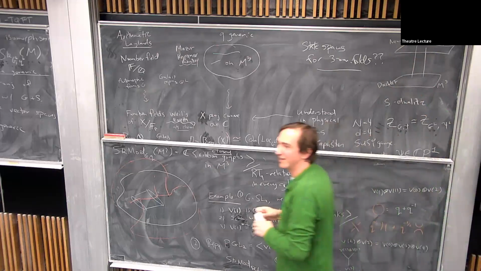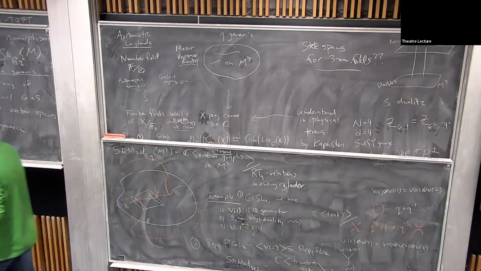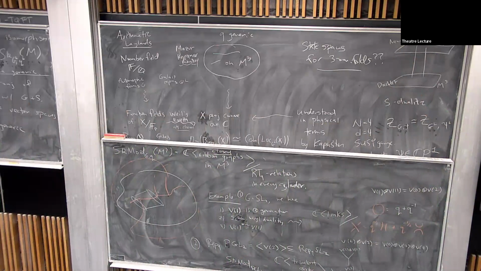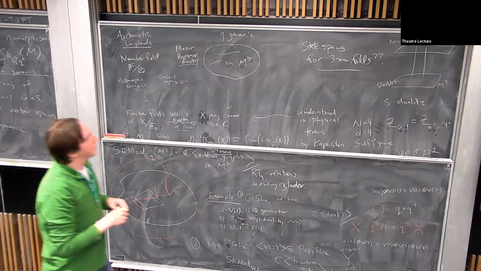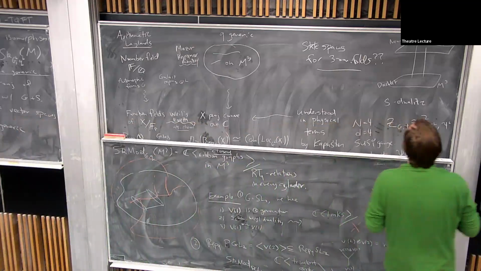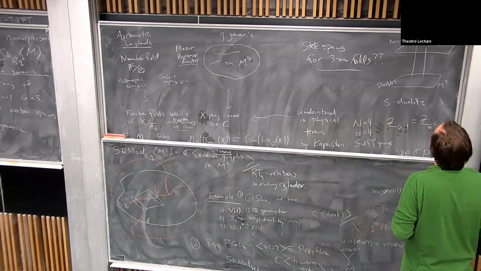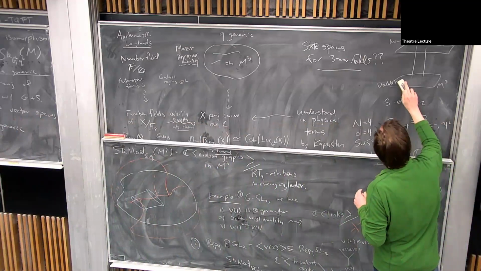I'm sorry, could you explain it a little bit more? You associate a vector space to a 3-manifold, but now you have a full 4-manifold with boundary, so you should get a number rather than a vector space. Yeah, that's true. Maybe let me not put Dirichlet here.